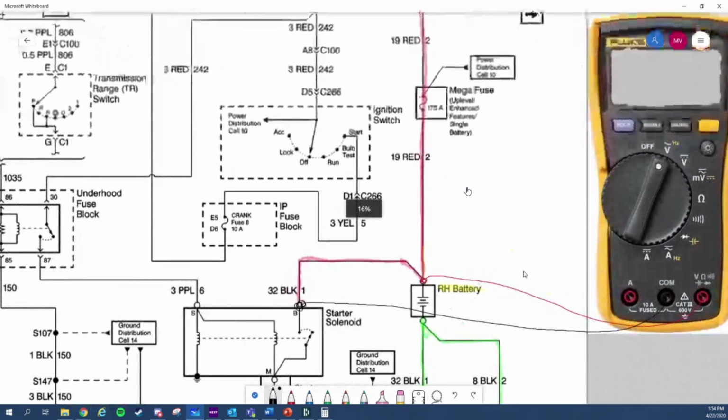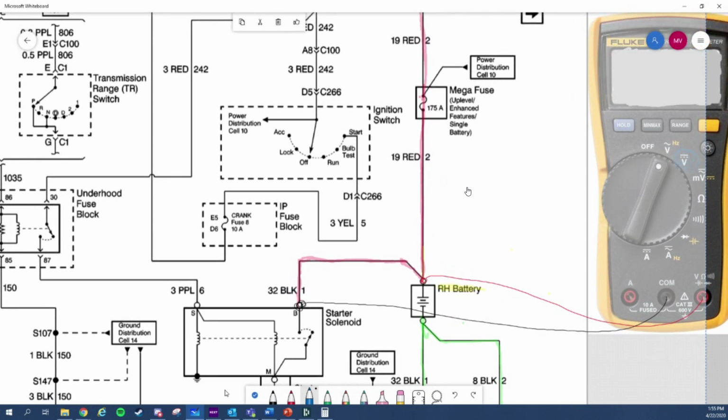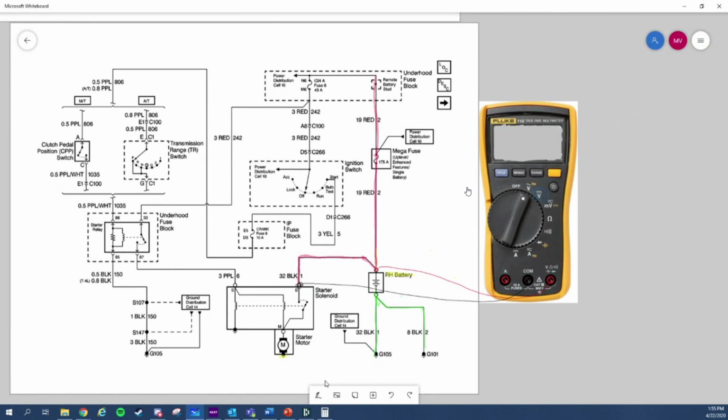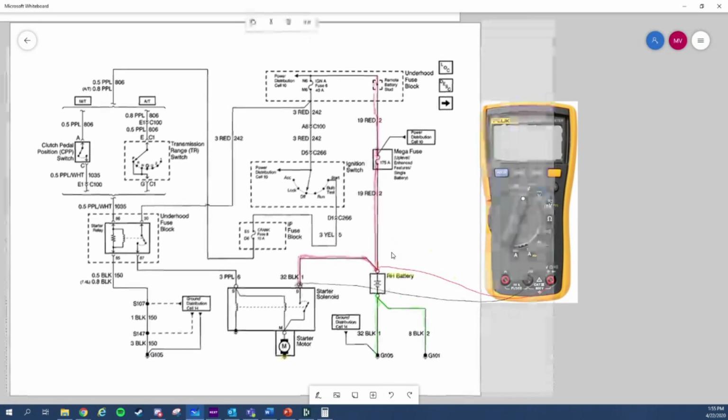And then set it to volts DC. If the black is also the power, why are you putting the black on the black? Right now, remember, we're doing a voltage drop. It's a little bit different. We're not checking for voltage. We're doing a voltage drop.